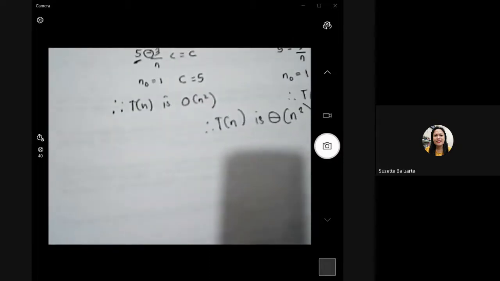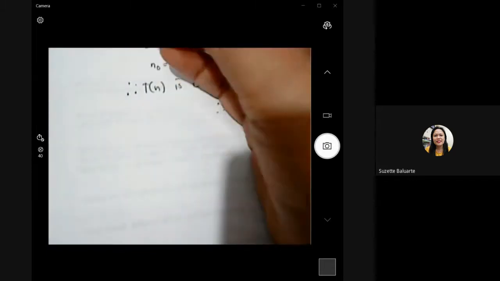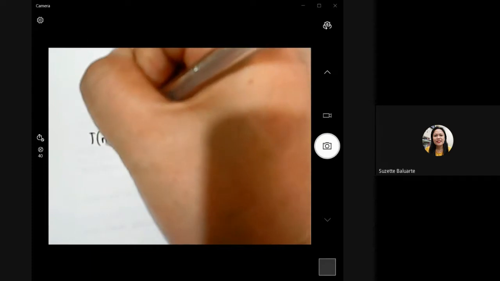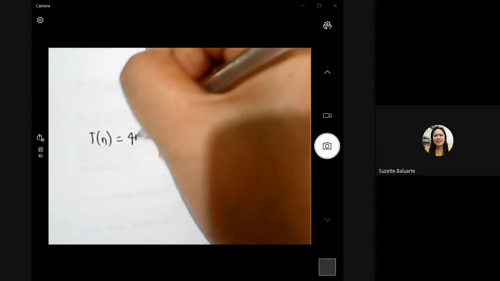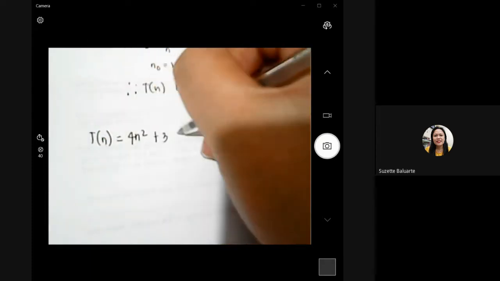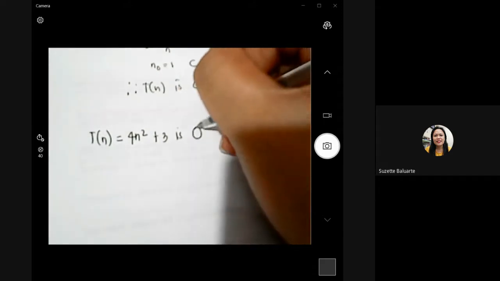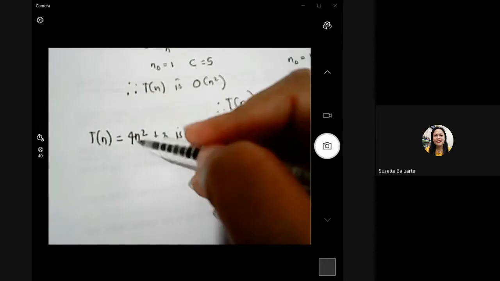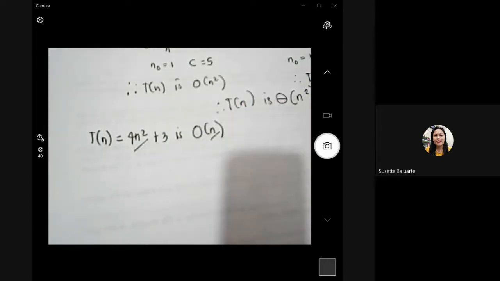Another example. Parihar akong given ha. Your T of n is equals to 4n squared plus 3 is big O of n. So, n squared, n. Okay?